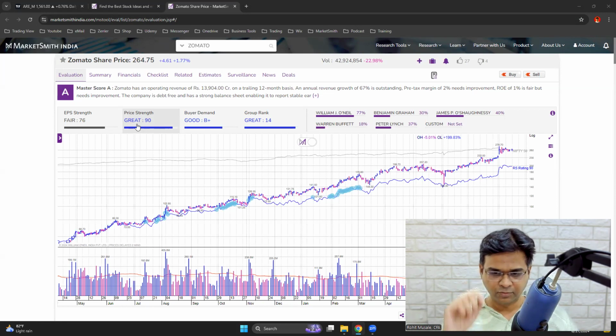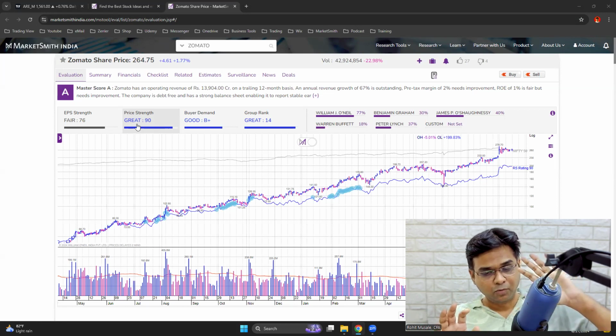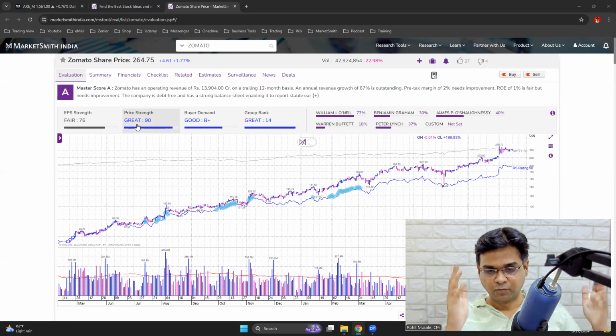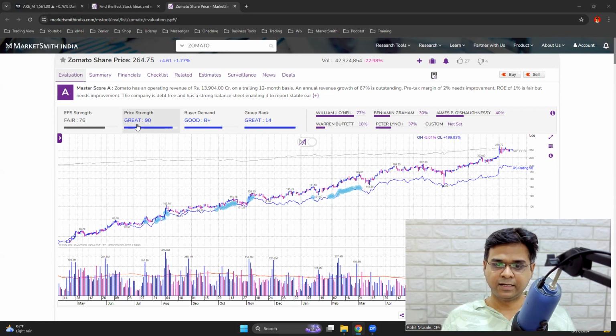That is what this relative strength number means. So basically, you are taking the performance of this stock and comparing its 1 year performance with the performance of each of the stocks on the stock market, which is 4,987 stocks. This is the 4,988th stock.